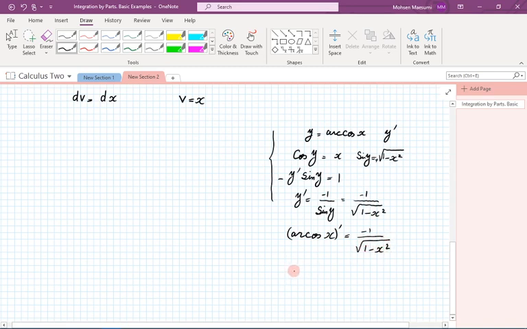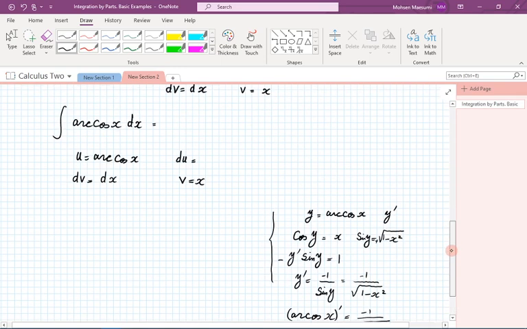Just for completeness' sake, if I had arc cosine of w, the derivative would be minus w prime, by chain rule, over the square root of 1 minus w squared. So that is the derivative of this function.